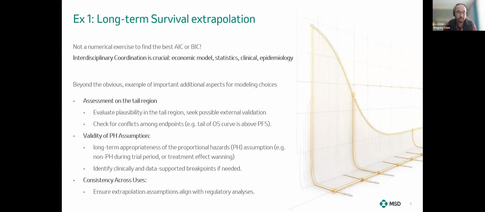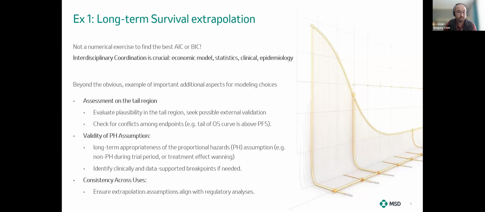no matter which final model we deem for each of the endpoints. We may also be making assumptions about proportional hazard. Then the question could come to, is it appropriate to assume a long-term proportional hazard assumption over 20, 30 years? And if it's not reasonable, how should we break it down into pieces? How many pieces?